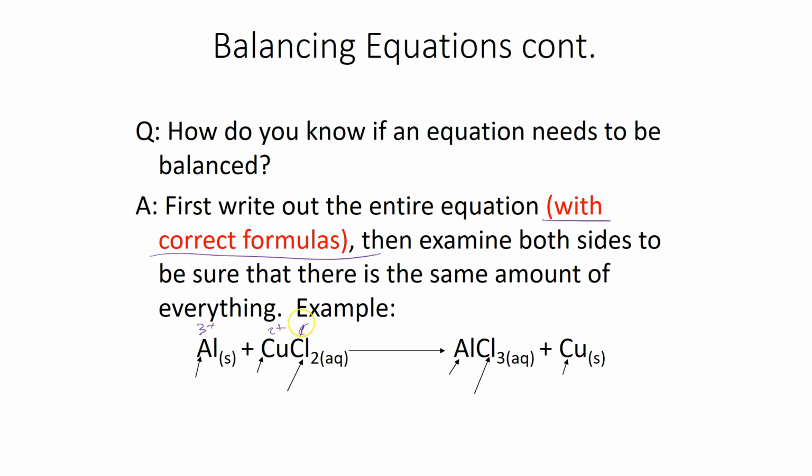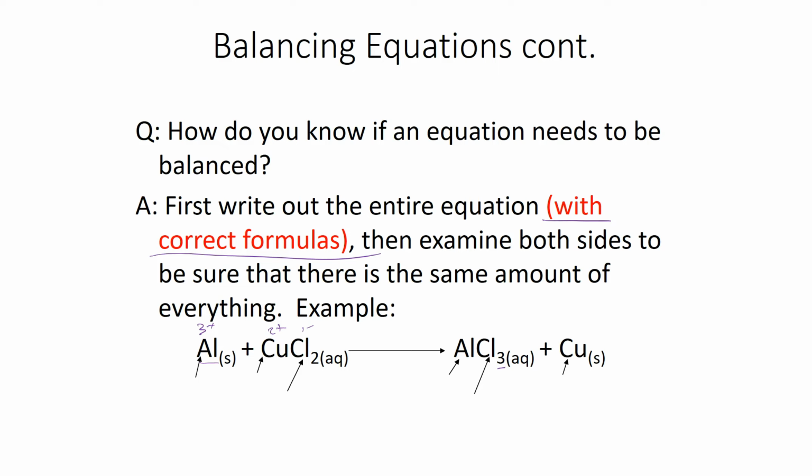Sorry about that. We would be able to predict, based on what we've already learned, that aluminum would combine with chlorine and copper would end up off by itself. That's a single replacement reaction. Now, notice that because aluminum is a 3+ and chlorine is a 1-, I write AlCl3. That 3 has to be a 3.